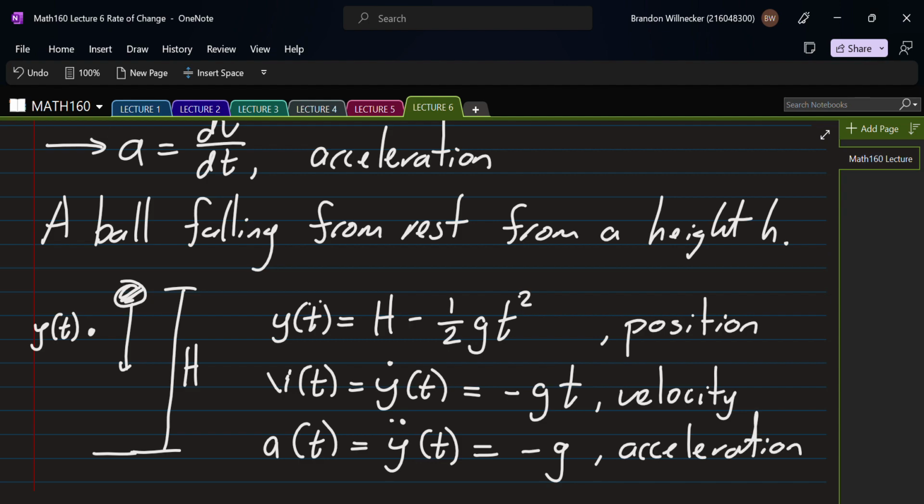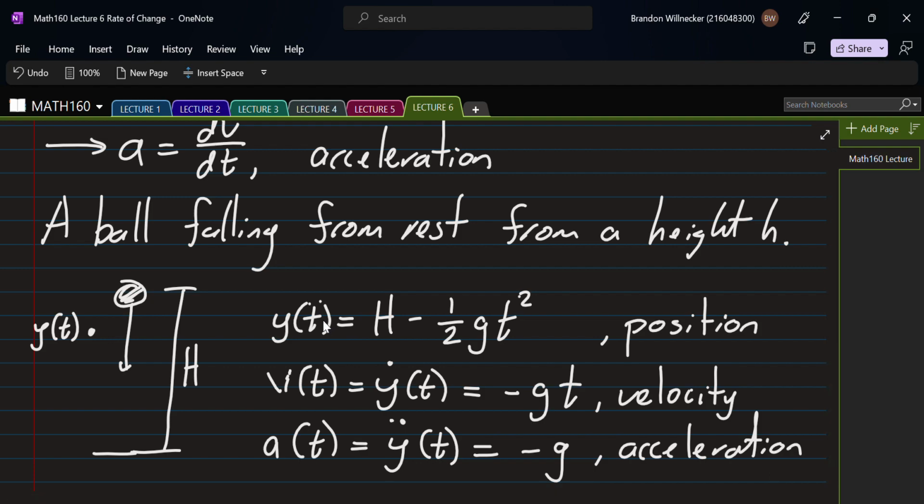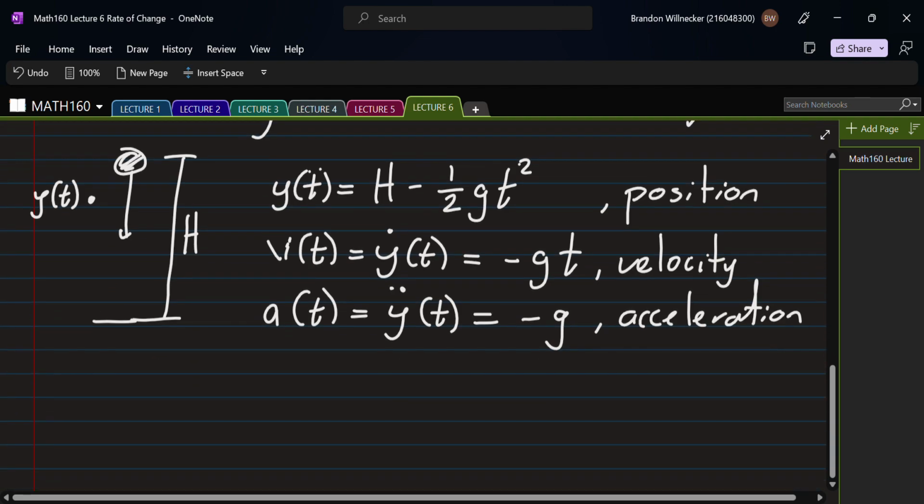Okay, so how are these related graphically? So here, algebraically, we can take the derivative, and then we can see from the position we get the velocity, then we get the acceleration. If we were to sketch the position, can we determine the velocity and the acceleration graphically?